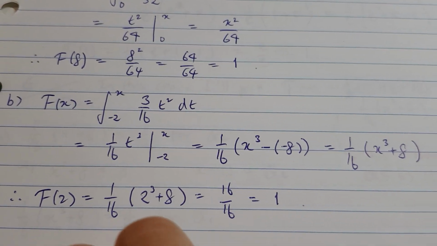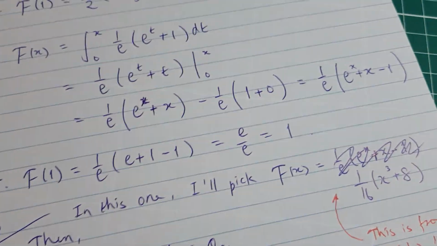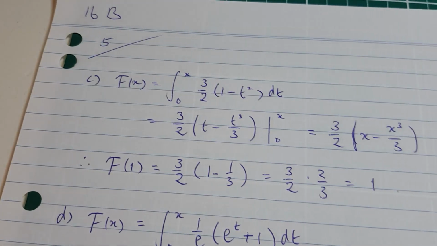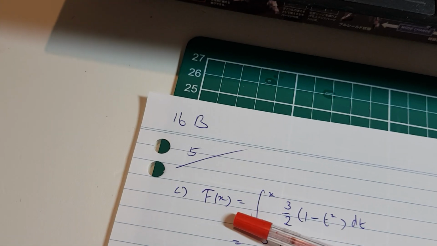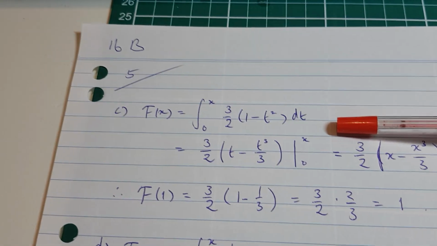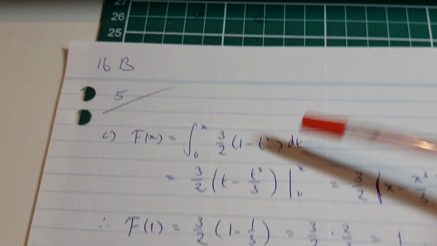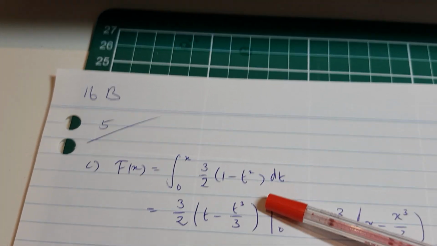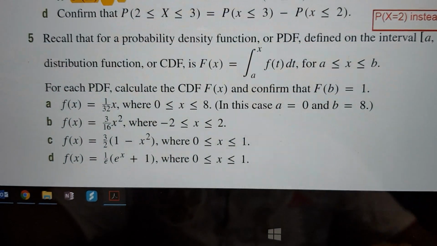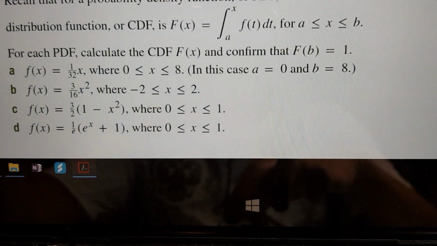So that's that. All right, and then question 5, part C. And now this time the function is 3 on 2, bracket 1 minus x squared. And the domain, if you have forgotten already, I have certainly, is from 0 to 1.